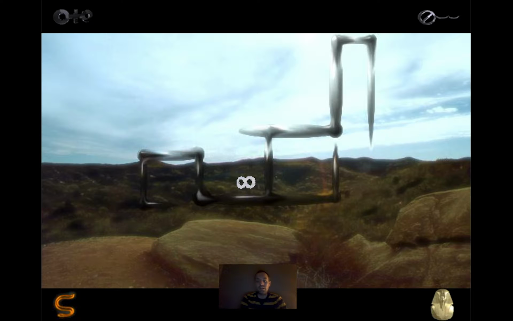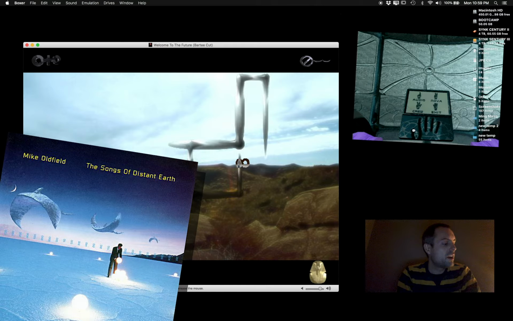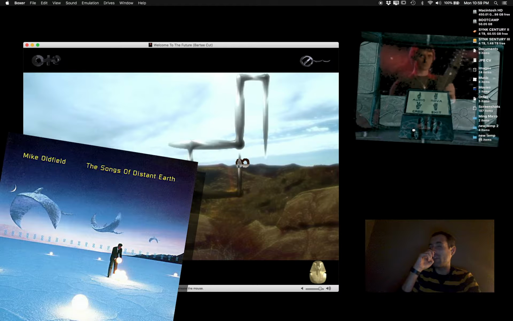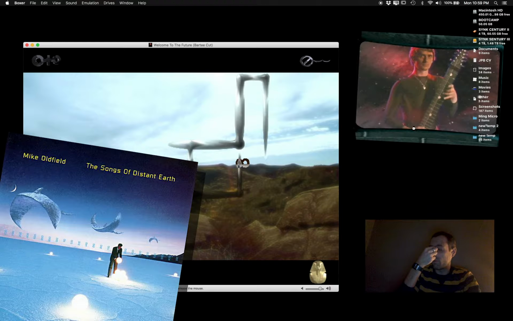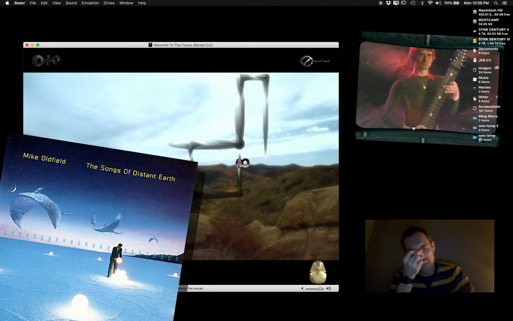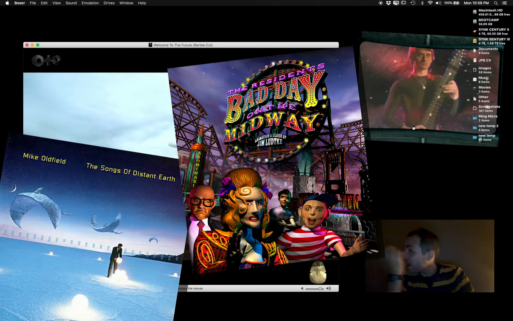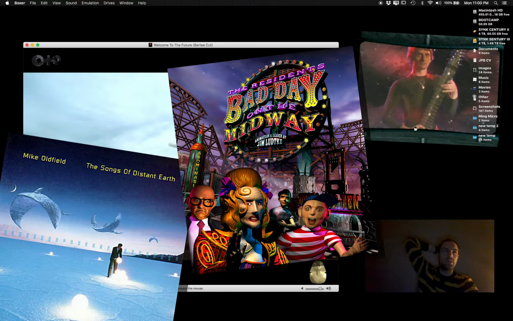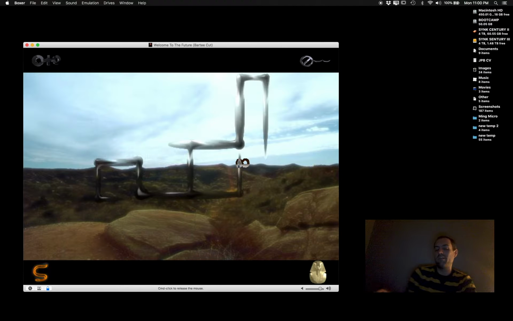Some of them had little game-style things on them, like Mike Oldfield released some stuff like that, Songs of Distant Earth. And The Residents released this really weird thing called Bad Day on the Midway, I think, and some other one too. There are just lots of things, but this one is the coolest one.